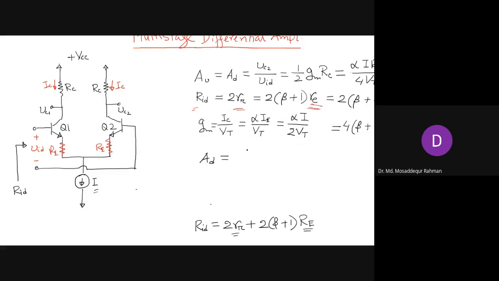So now the gain expression will become something like this: you have RC, the resistance in the collector, divided by the resistance in the emitter, so 2 times small RE plus capital RE.